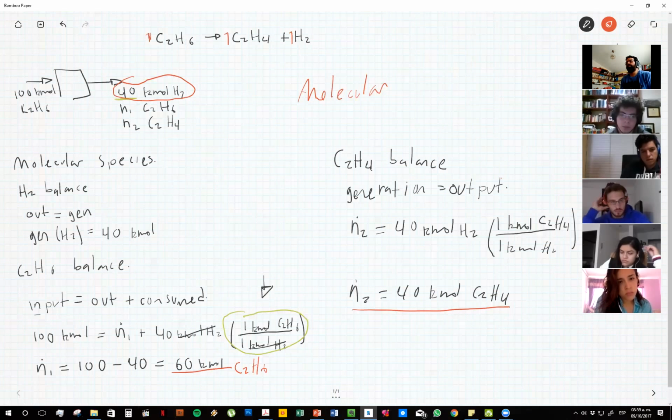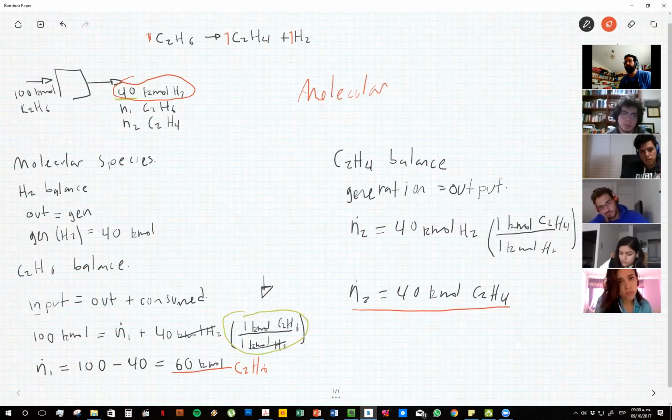If you produce 40 kilomoles of hydrogen, it means that those 40 kilomoles of hydrogen come from 40 kilomoles of C2H6 that reacted. Make sense? Yes, thank you.